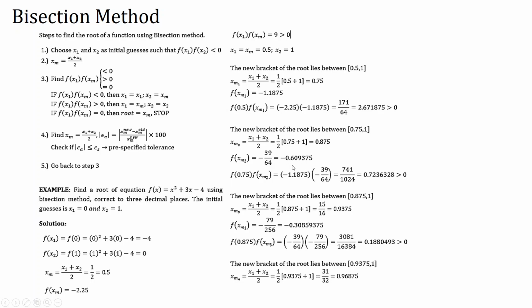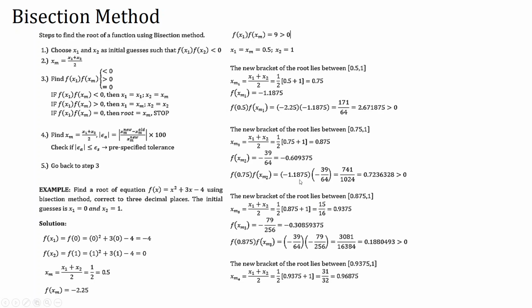You can get this. Okay, now multiply again by using this one. So f of x1, xm2, this is 1 here.